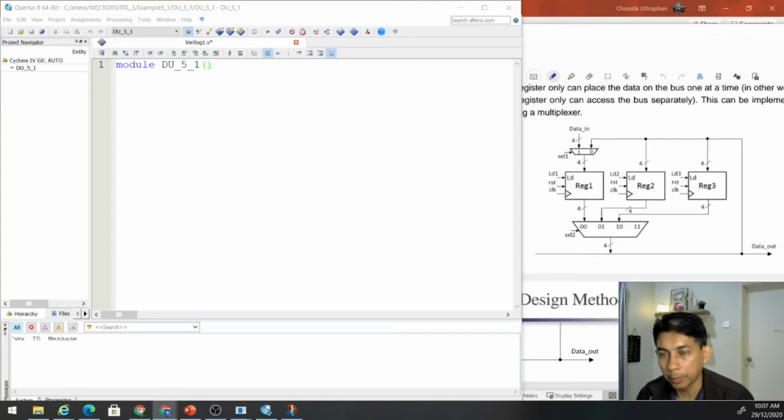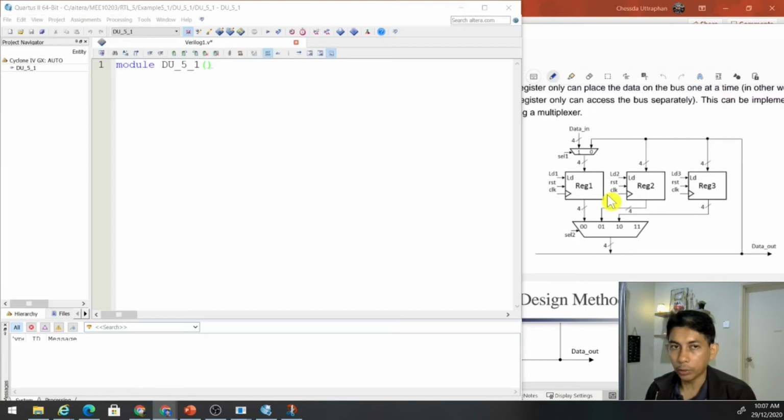Because we need to remember that when we write HDL, Verilog or VHDL, the code that you write is to describe a digital circuit, not a sequence of operations, just like in C programming or any computer programming. It's different.